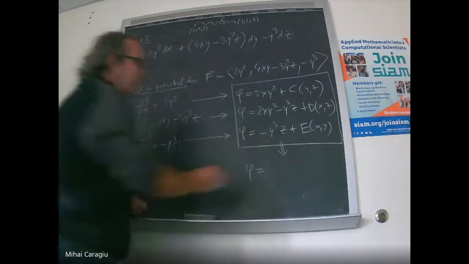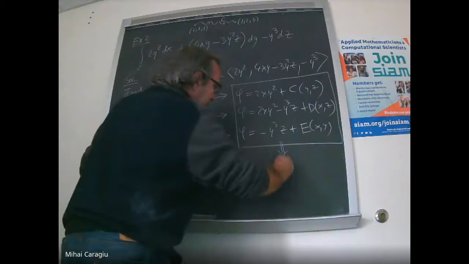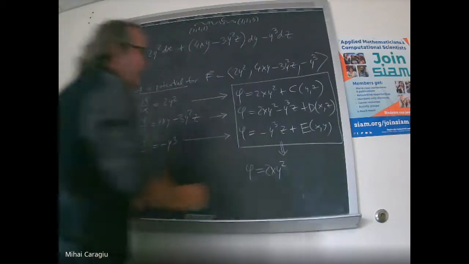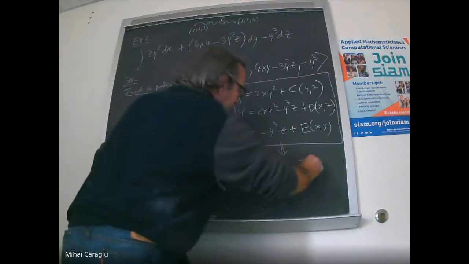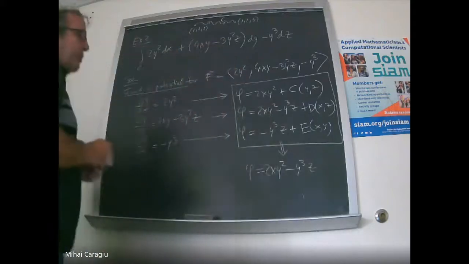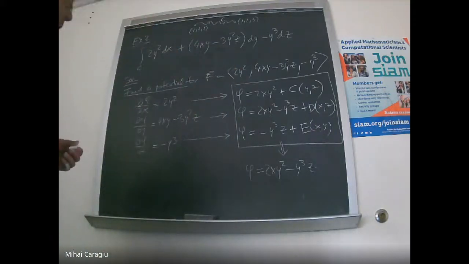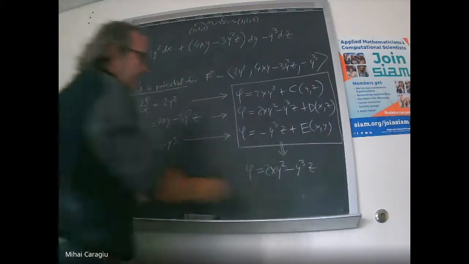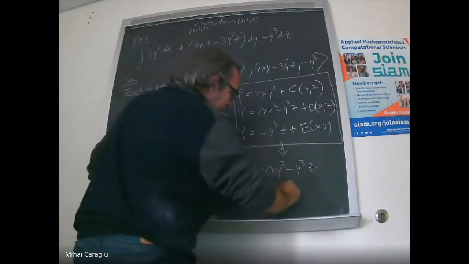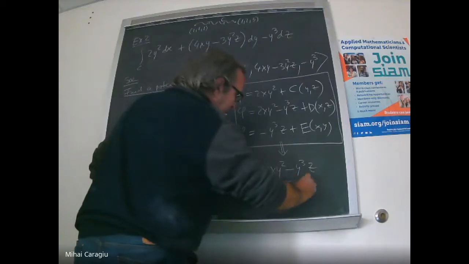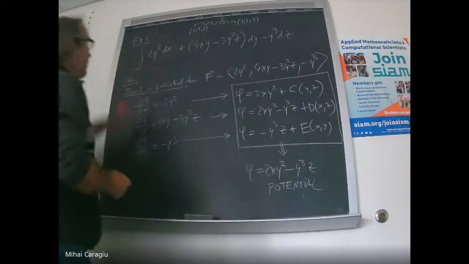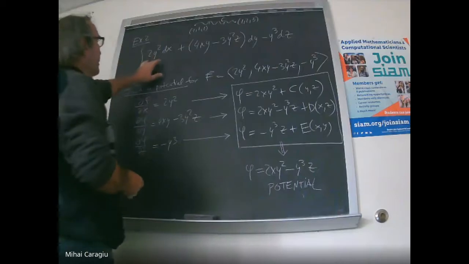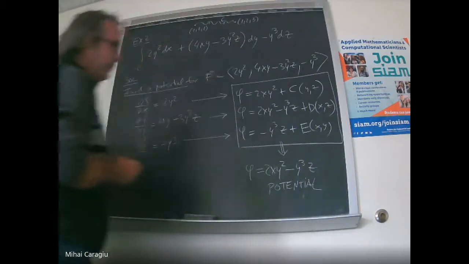Phi will be 2xy squared minus y cubed z plus a constant c, but we don't really care too much about the constant because anyway it gets subtracted when we do phi from init to term. So that's a potential for the vector field which appears in this integral.